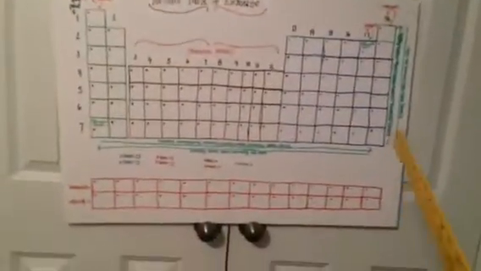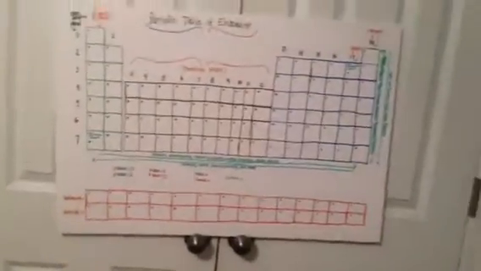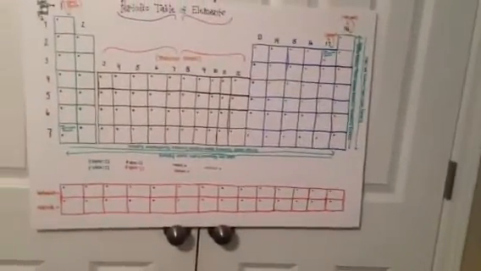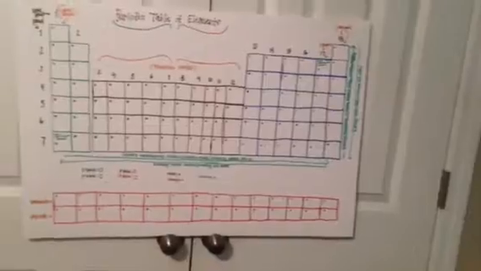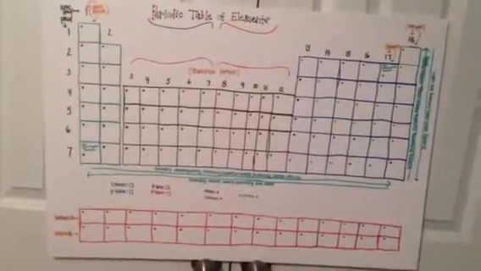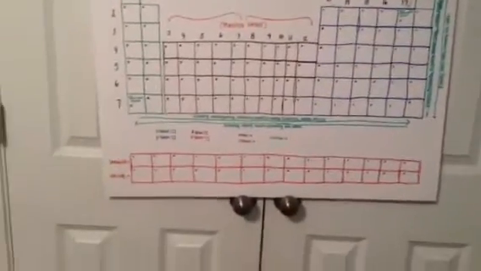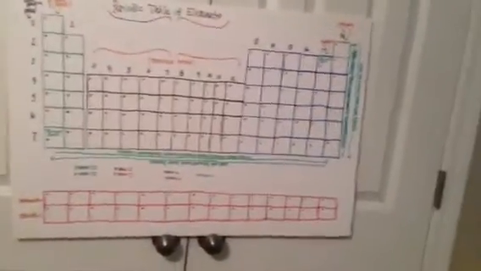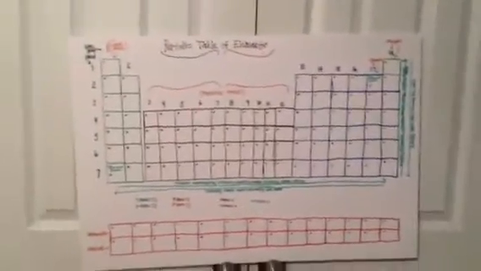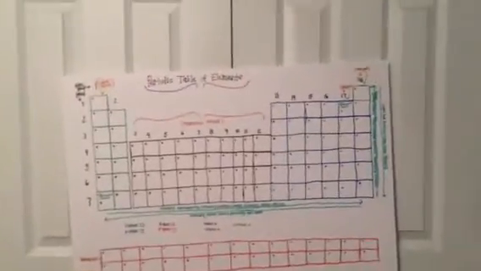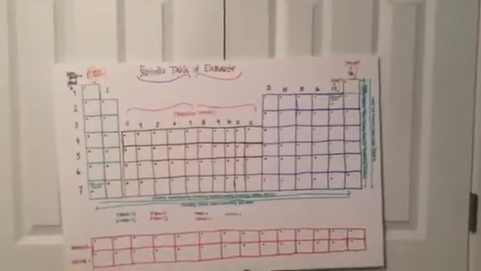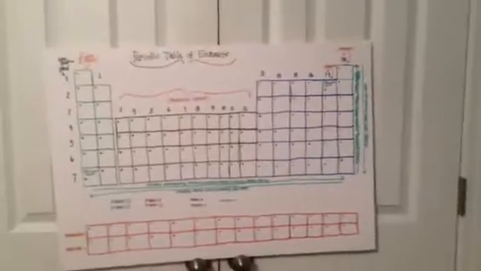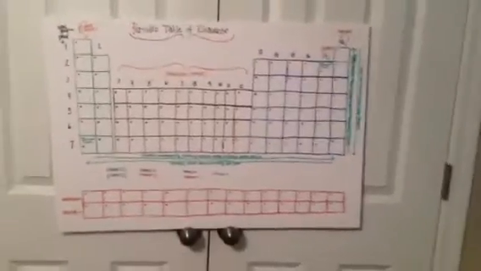And the ionic radius also increases from right to left across a period, and increases going down a period. And this is because of either additional layers of electrons or atomic orbitals.